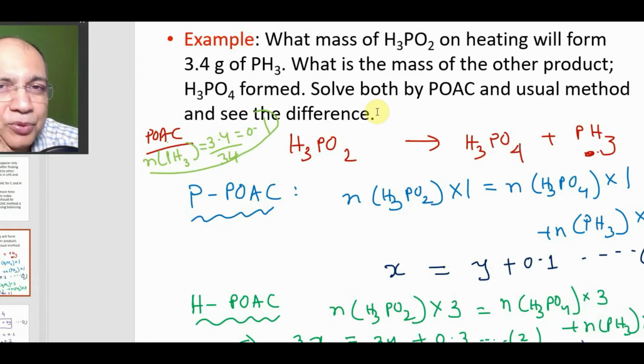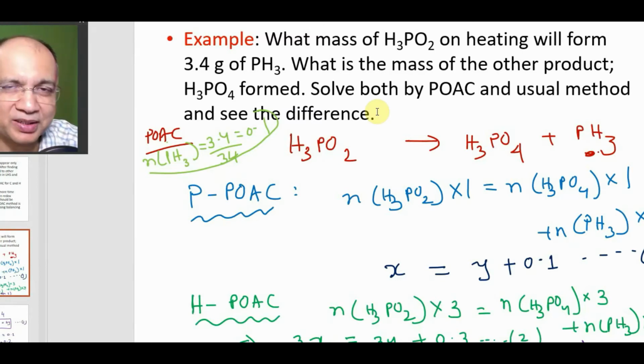You may have to spend some time. But in POAC, balancing is inherent. In fact, we are going to balance by the POAC method, but we are not finding the ratio to put in the equation to balance it.